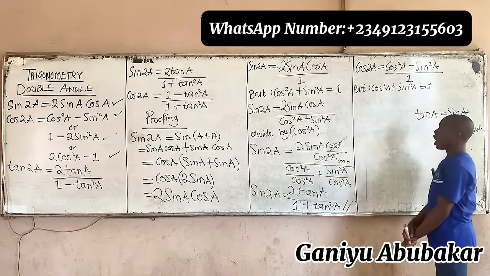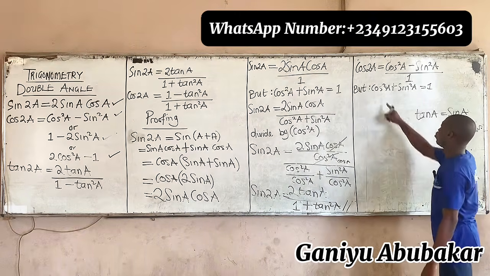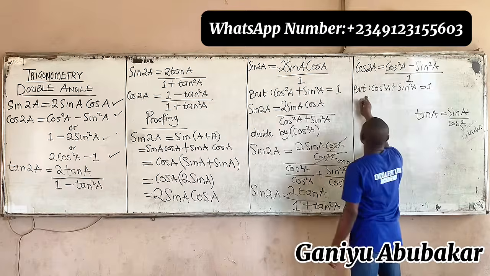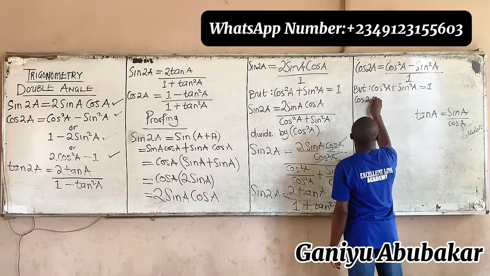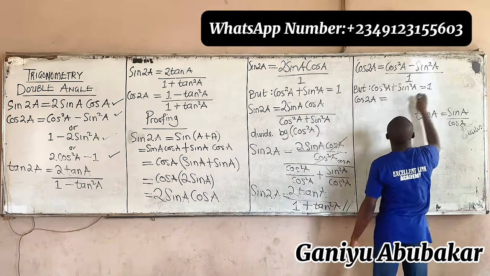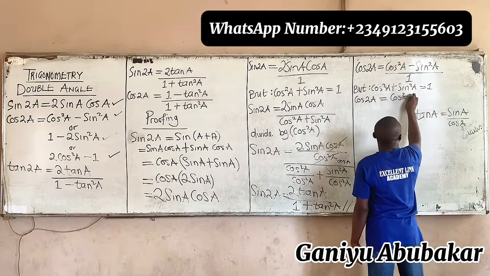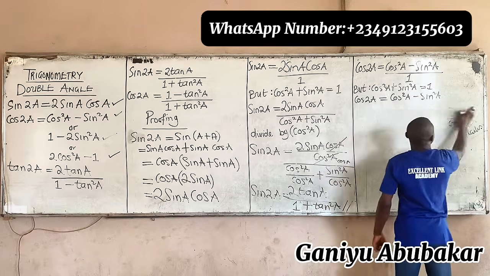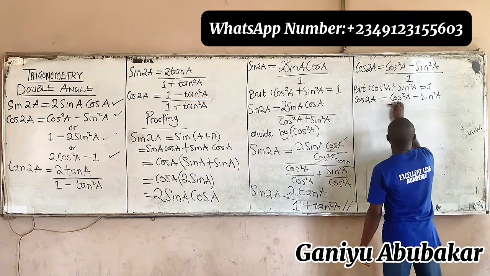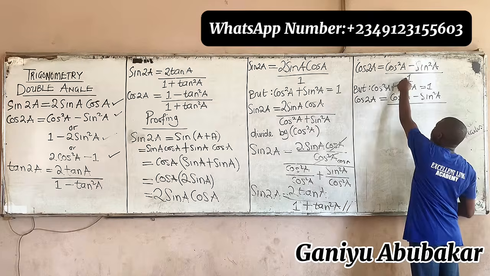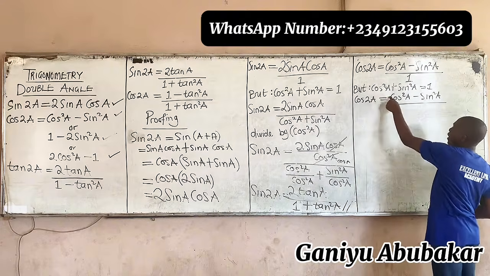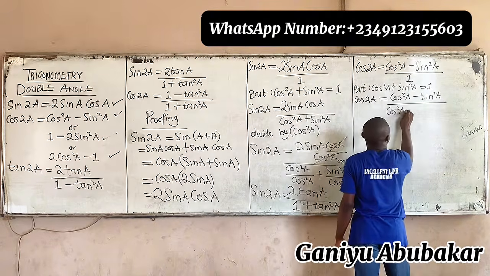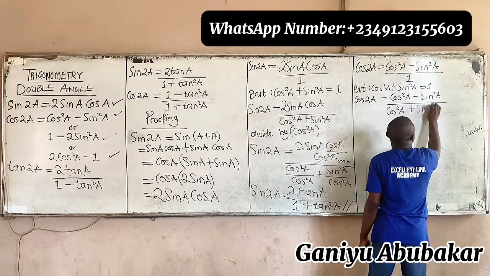So whenever I see 1, I'll replace that 1 with cos squared A plus sine squared A. So I'll have that cos 2A is equal to, numerator, cos squared A minus sine squared A, all over, anywhere you see 1, put cos squared A plus sine squared A.